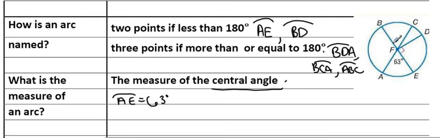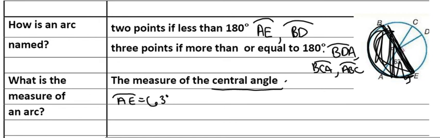Another way that you're going to have to solve a circle is figure out what all of the missing central angles are. So when you're given something like this, you always want to look for the diameters, because you know that a diameter is half a circle or 180 degrees. So these two arcs together will equal 180 degrees.